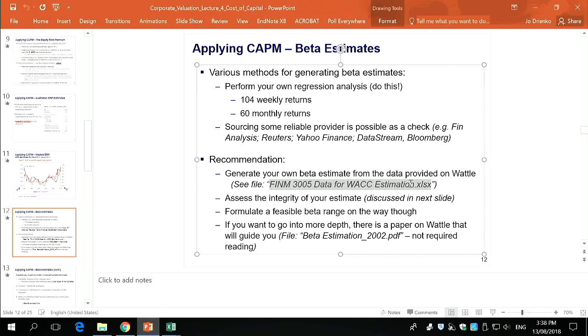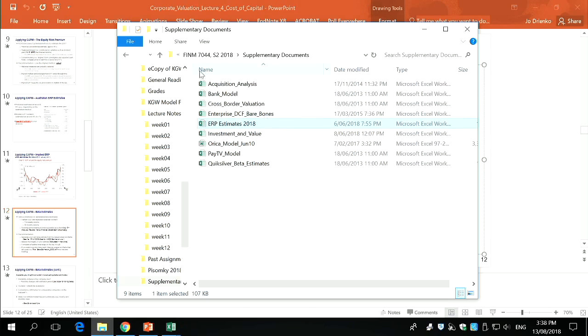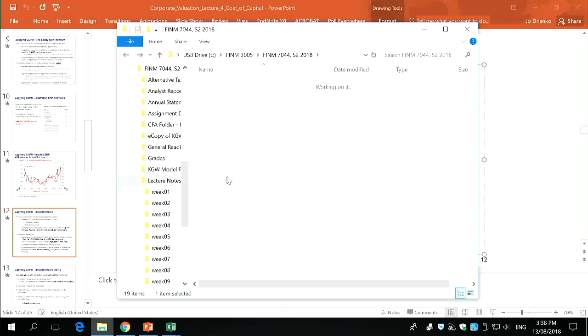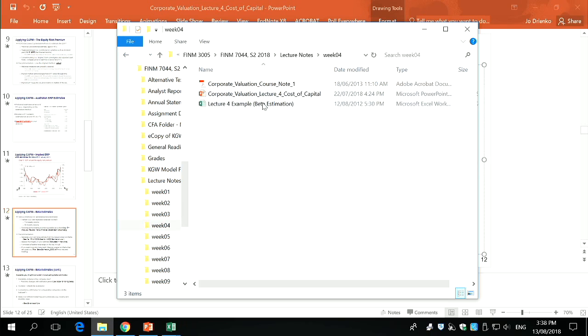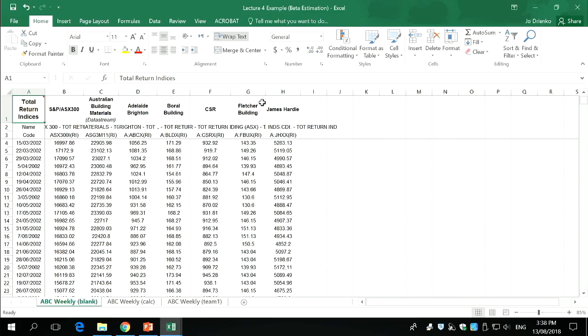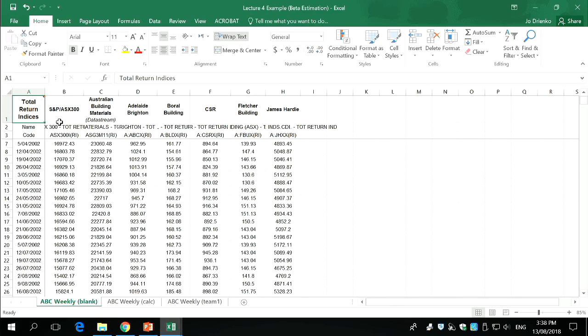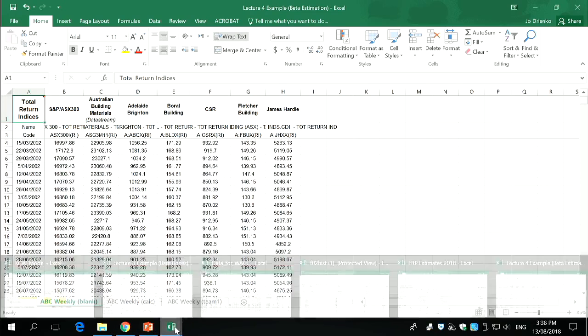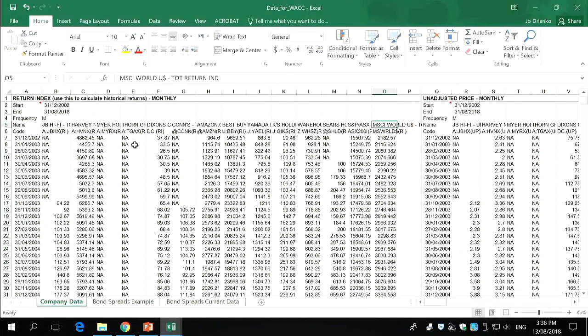So for this, I have an example for you. What do we got? Lecture notes, week 4. Here we go, beta estimation example. Let's go. So as an analyst, you get data from DataStream, for example. That's where I got your data for the assignment. So this file that's available on Waddle, I got this from DataStream. When you get the data, it looks like this.